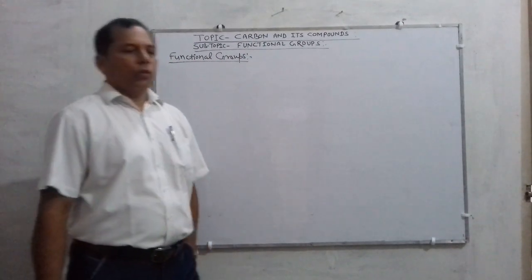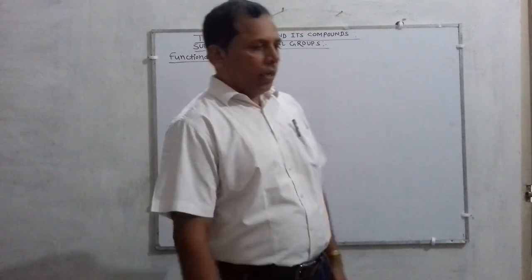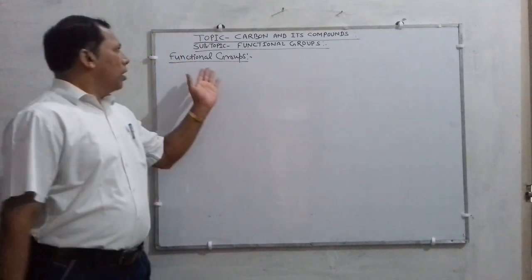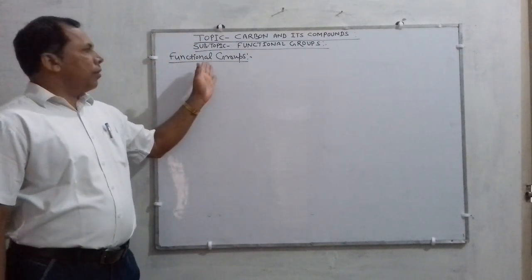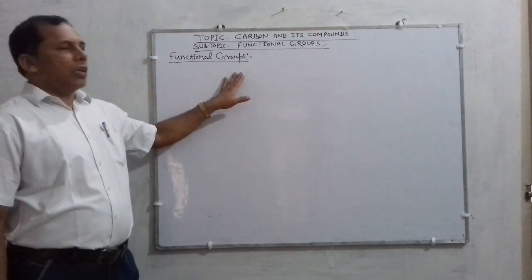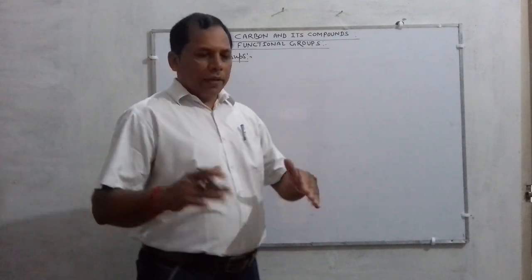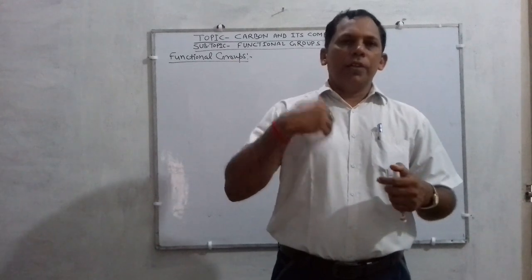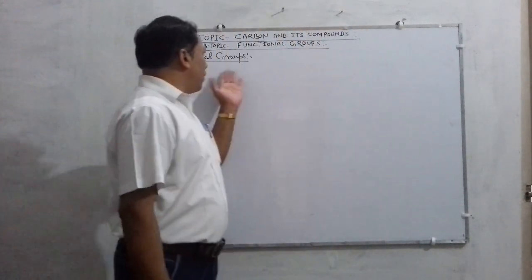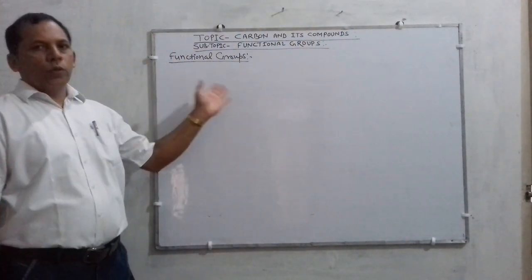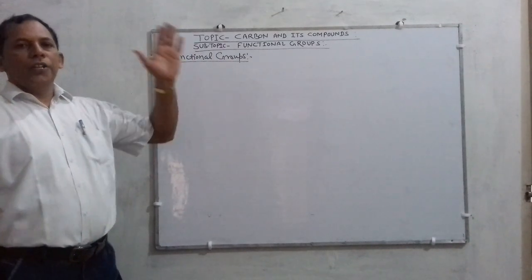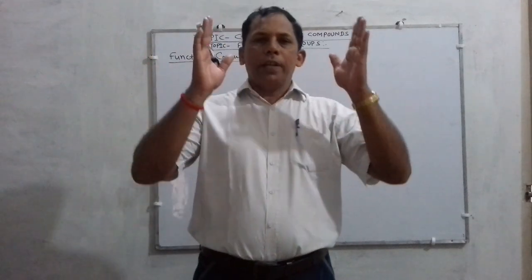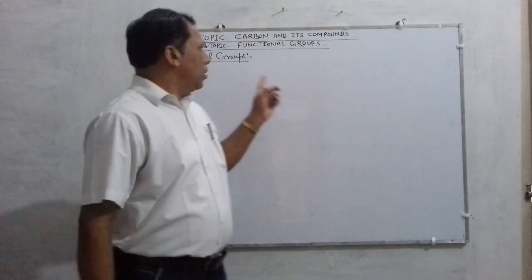What is a functional group? As you know, organic compounds must contain a functional group. In other words, you can say that organic compounds are determined by the presence of a functional group. It means the functional group of an organic compound is responsible for the chemical property of that particular compound.